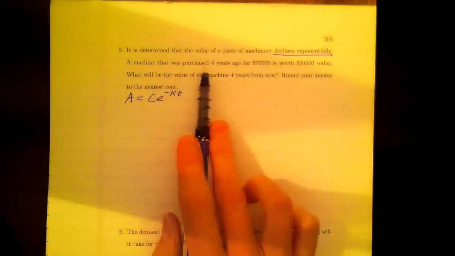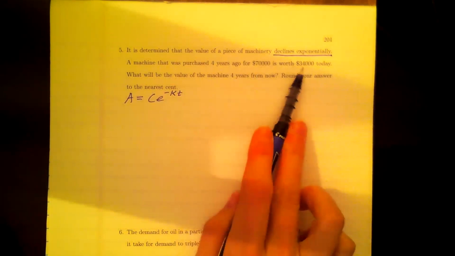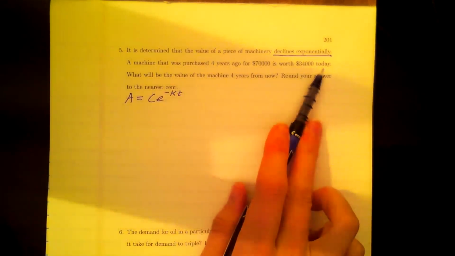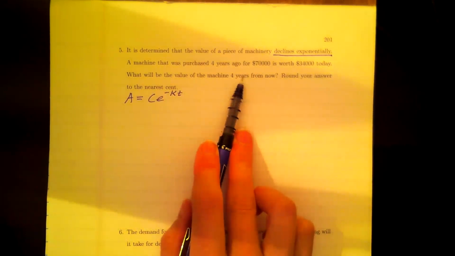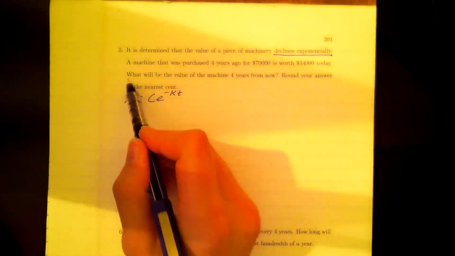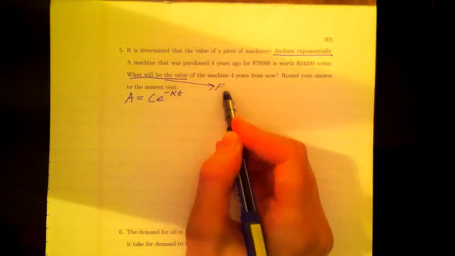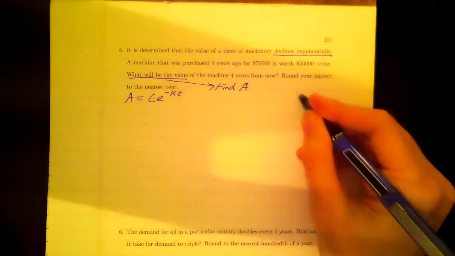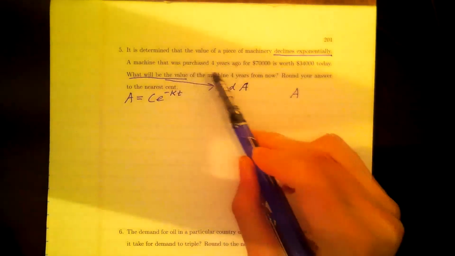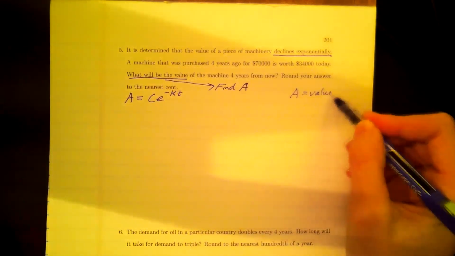A machine that was purchased 4 years ago for $70,000 is worth $34,000 today. What will be the value of the machine 4 years from now? So what it's asking me to find is a future value A. According to this model, A represents the value of the machinery.